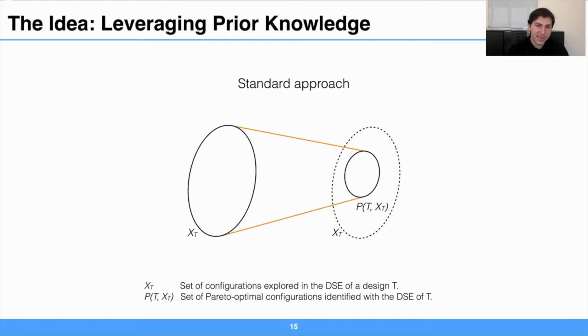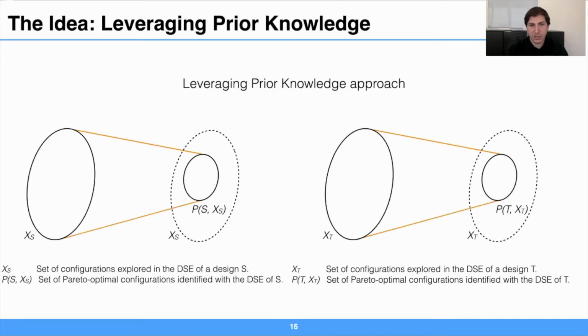Only after the design space exploration process, the corresponding set of Pareto optimal implementations is identified. And what we would like to do is to use the knowledge gained in the past across many different design space explorations to guide the exploration process for a new target application.